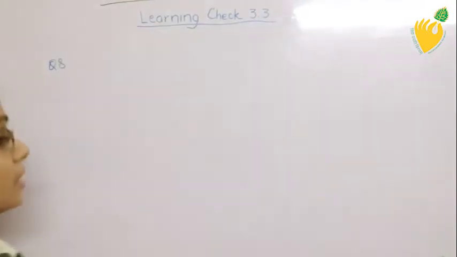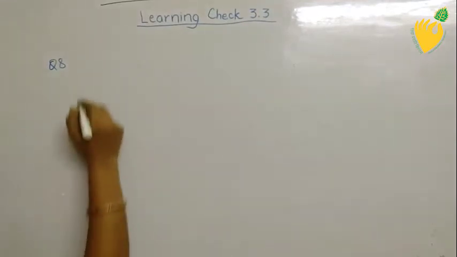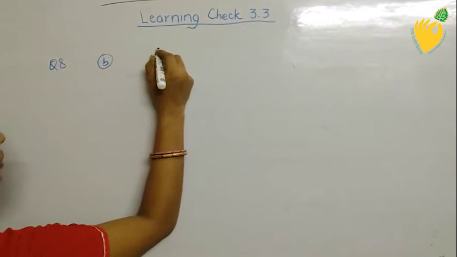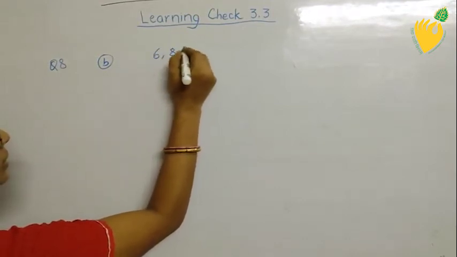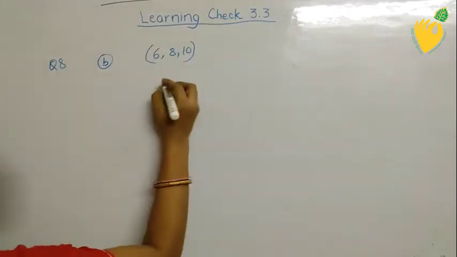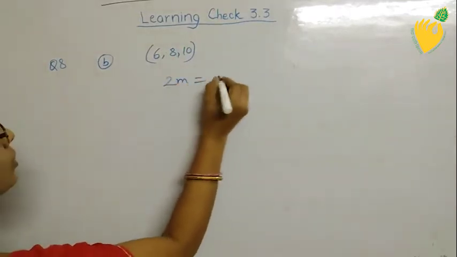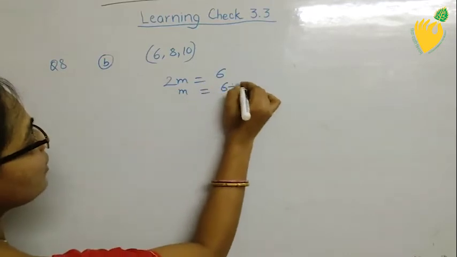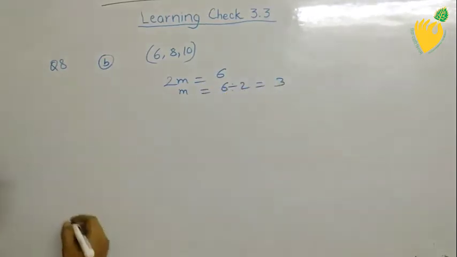Next part of this is 6, 8 and 10. B part. Let's check whether this is a Pythagorean triplet or not. 6, 8 and 10. Again you will write 2m equals 6. The value of m will be 6 divided by 2 equals 3.